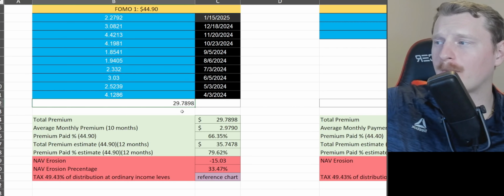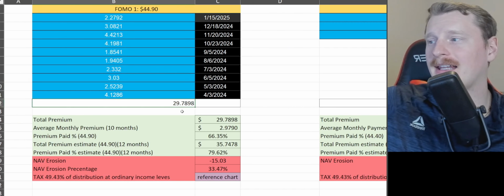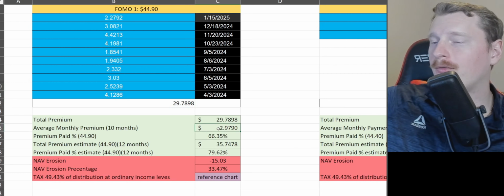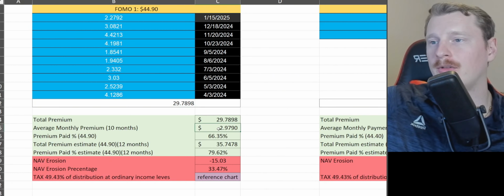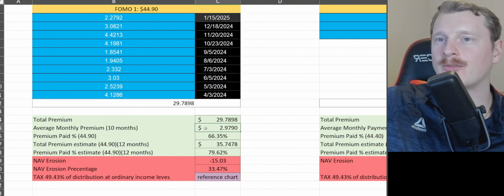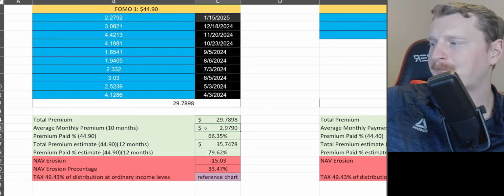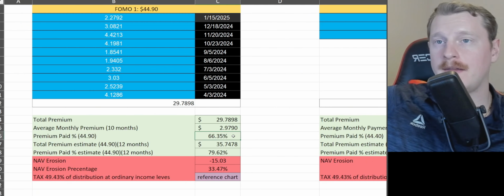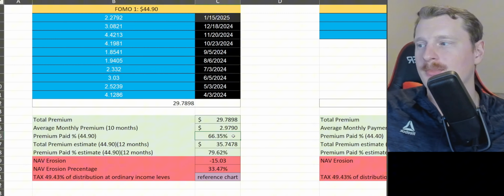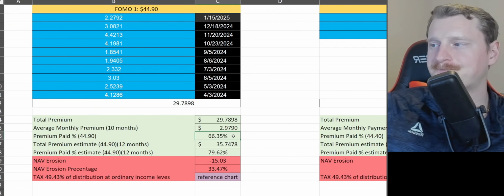That total distribution is about $29.78. And if we divide that by the number of months it was distributing, so we divide by 10, the net monthly average is about $2.90 per share, per MSTY share, you know? And if we do that over a 10-month period, we just look at the percentage, it's about 66.35%.